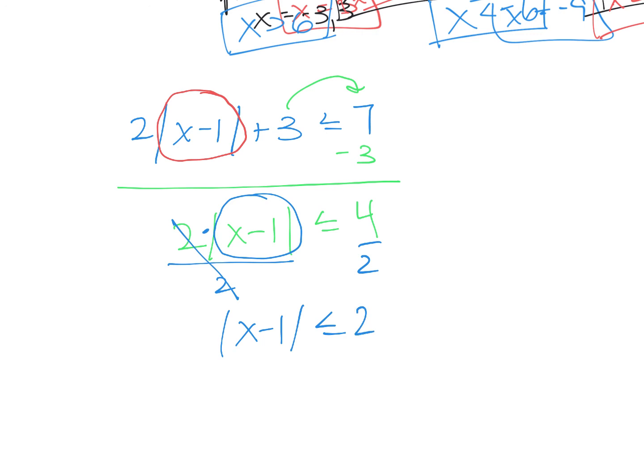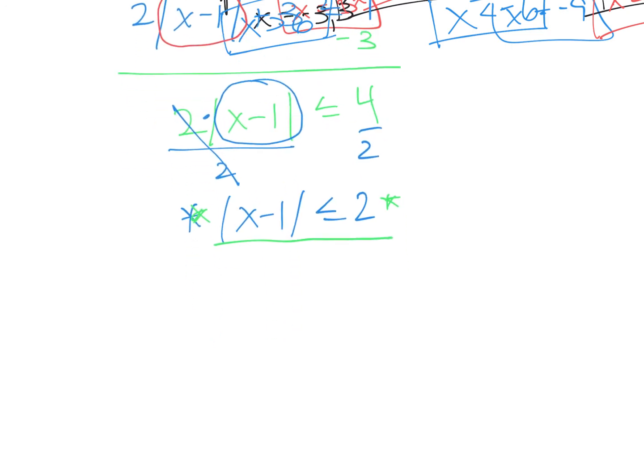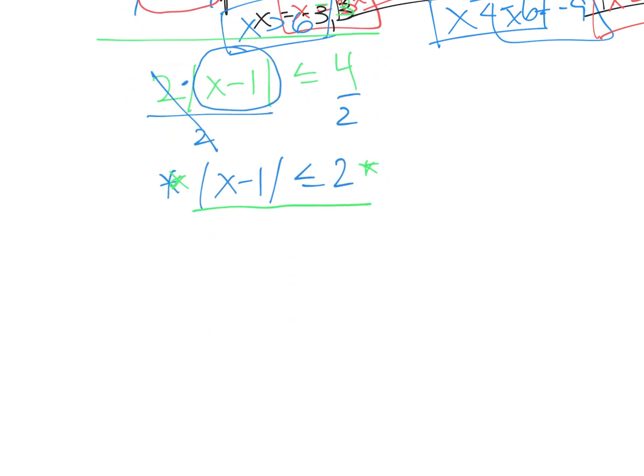Okay, now at this point, this is where I want to start writing my other inequalities, when I have this isolated, and this is what we're used to seeing. We're used to seeing it like this, right? So now I'm going to write my 2 inequalities to find that x value. So my first one is going to be exactly as is.